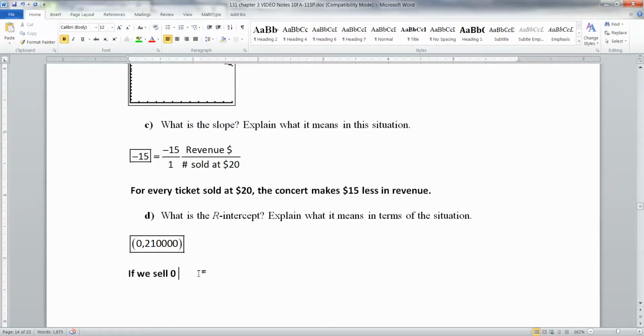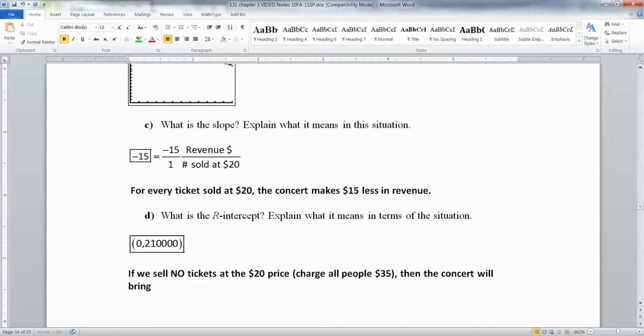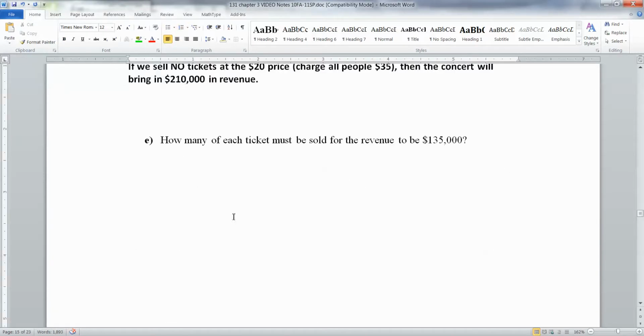So if that is 0, if we sell no tickets at the $20 price, in other words, we charge all people 35 bucks, then the concert will bring in $210,000 in revenue. Oops, and apparently that was the next page, so I'll put that there.